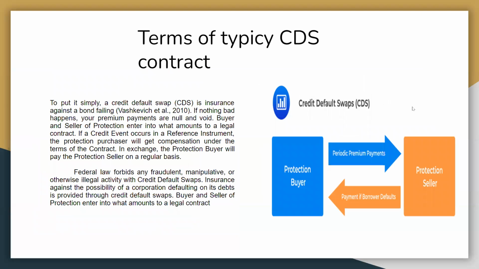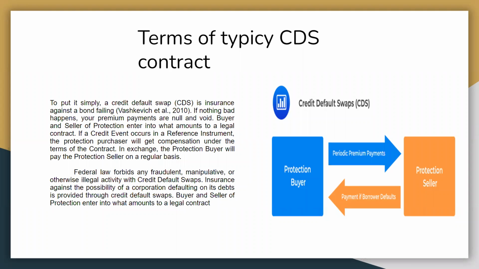I'll be speaking about the terms of a typical CDS contract. To put it simply, a credit default swap, or CDS as it's called, is an insurance against a bond falling. If nothing bad happens, your premium payments are null and void. Buyers and sellers of protection enter into what amounts to a legal contract. If a credit event occurs in the reference instrument, the protection purchasers will get compensation under the terms of the contract.